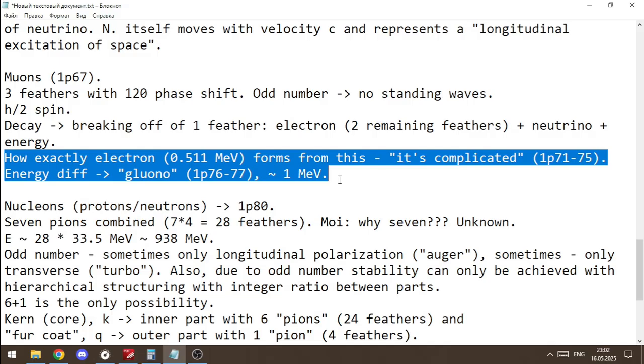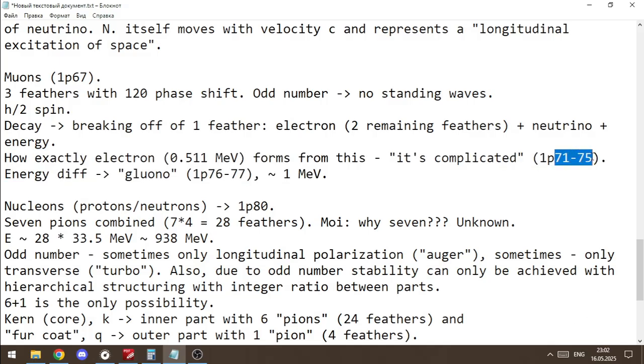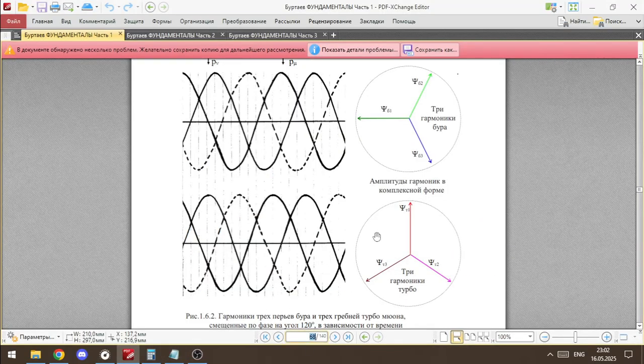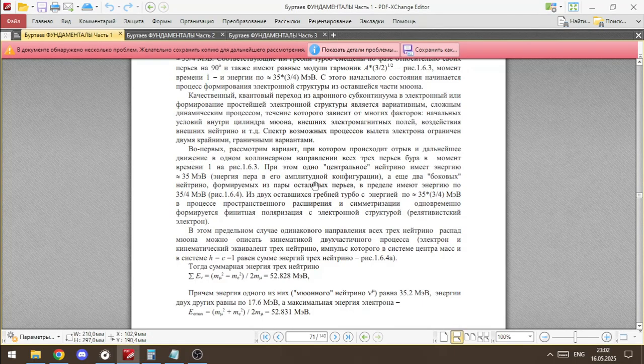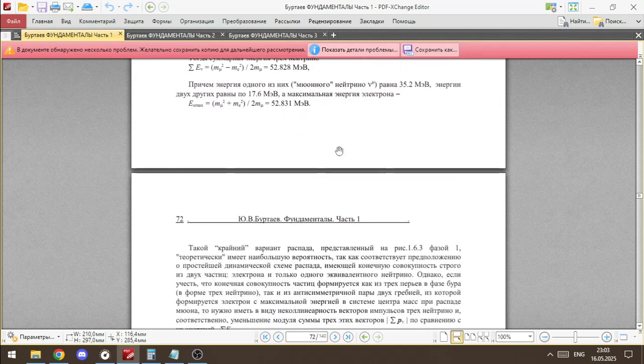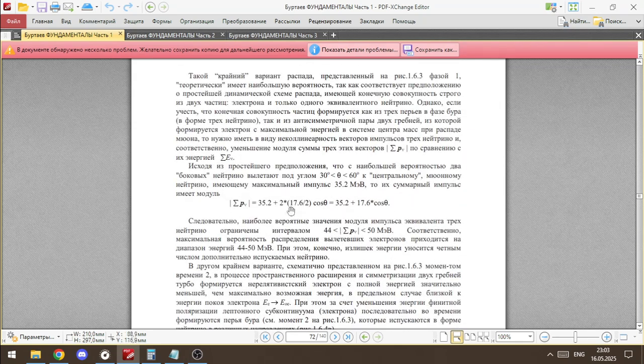So he actually says that it's very complicated. It's actually not a couple of paragraphs, it's like 4 or even 5 pages. I've read it and I cannot tell, okay? There is no simple answer. He just considers different angles, like how it is going to fly apart.